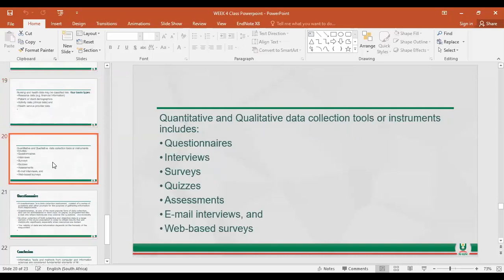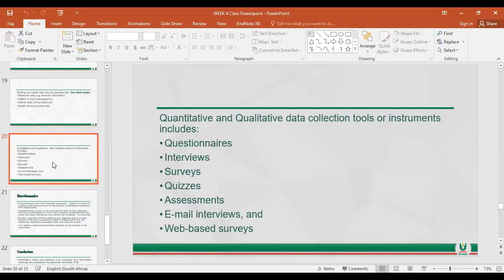And so, what are the various tools that we use to collect data? We have quantitative and qualitative data collection tools or instruments. And under qualitative and quantitative data collection tools, we use questionnaires, interviews, surveys, quizzes, assignments, email interviews, and web-based surveys.